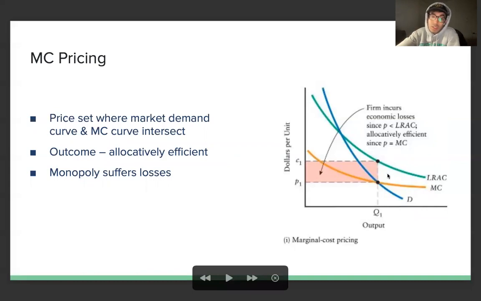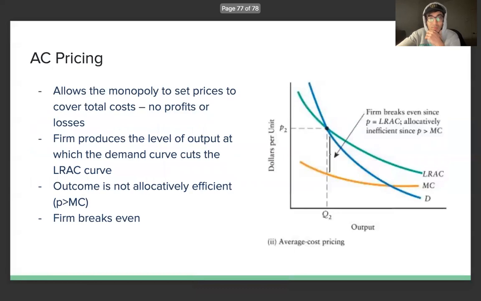But a monopoly is going to suffer losses because compared to the long run average cost curve, the price is going to be less than that. Even though it's allocatively efficient, a monopoly would never do that because they're going to earn losses. So MC pricing will never be incorporated by a monopolist.